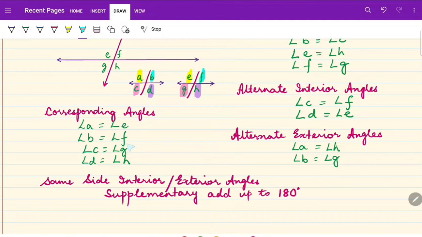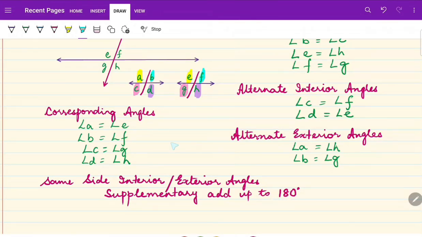Now we'll talk about the relationship between what we call same side interior or exterior angles. The relationship between such angles is that they are supplementary angles. Supplementary angles add up to 180 degrees, right?